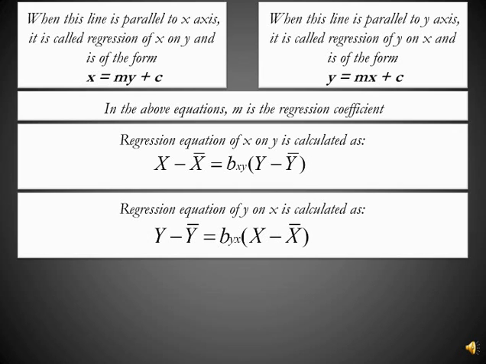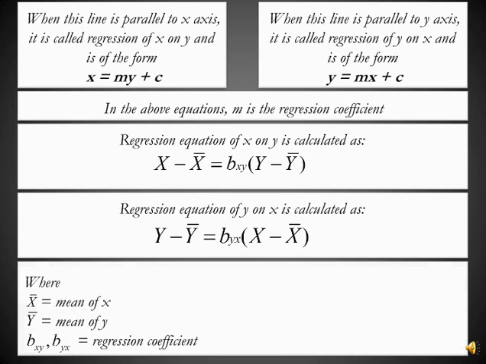And for the regression equation of y on x, it is y minus y bar is equal to byx into x minus x bar, where x bar is the mean of x, y bar is the mean of y, and bxy and byx are the regression coefficients.